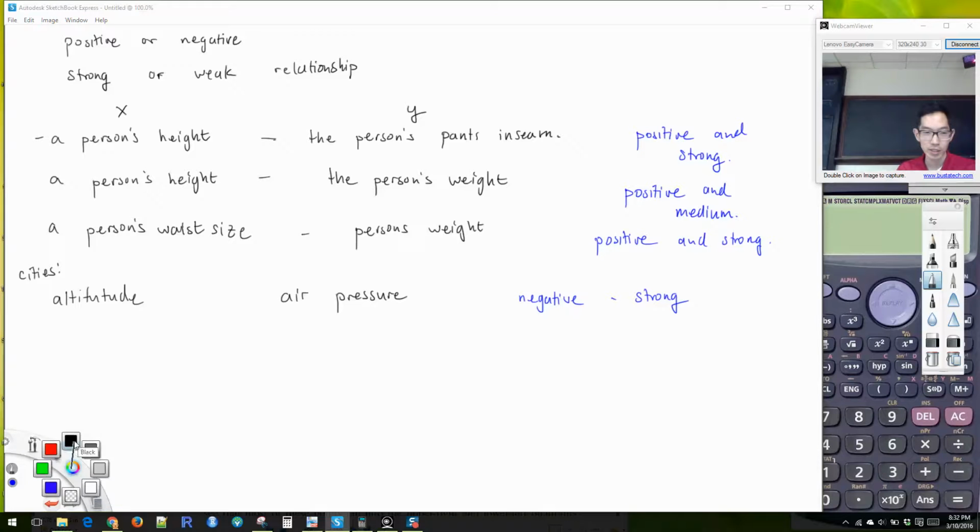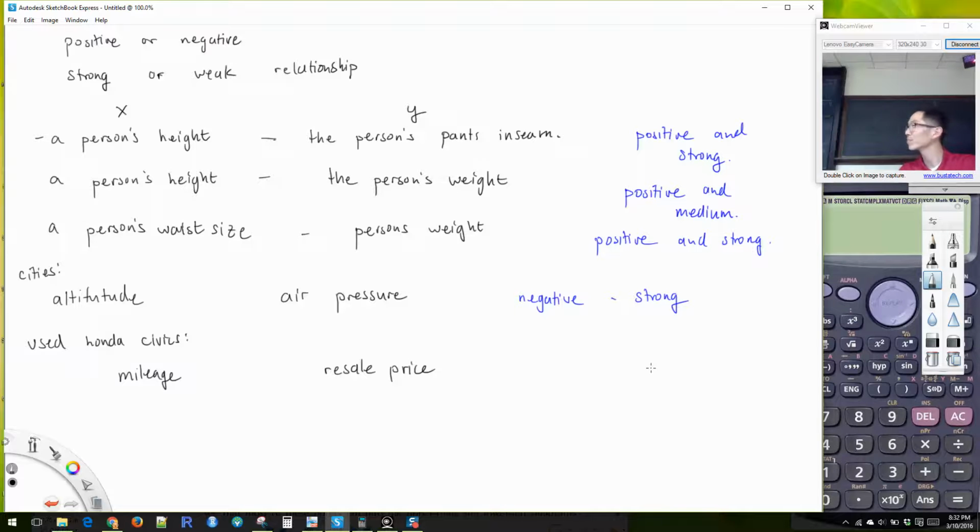Okay, what about cars? Maybe we'll say used Honda Civics. Okay, so this will be our population. We'll say the mileage and the resale price. Negative, strong.